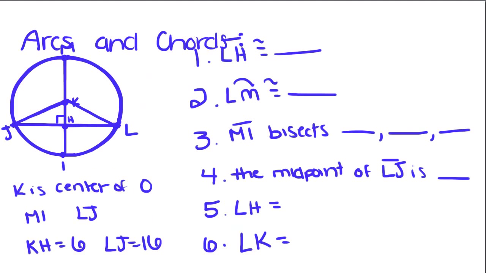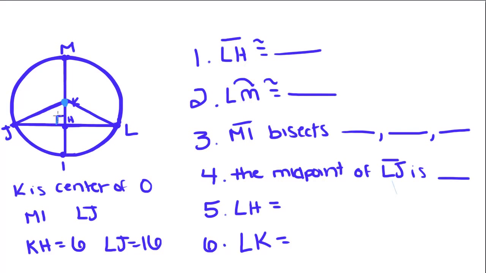So now we're going to do an example. So we have this circle where K is the center of the circle, and we're going to try and tell what kind of relationship MI has to JL.